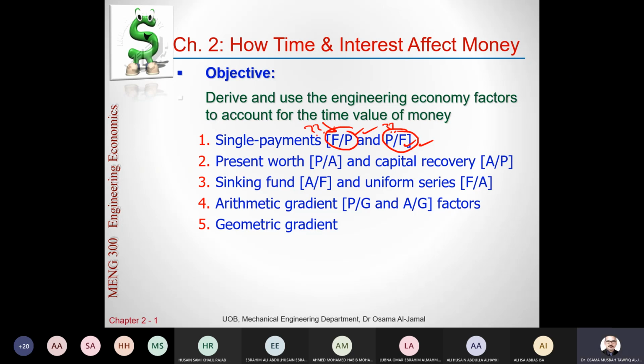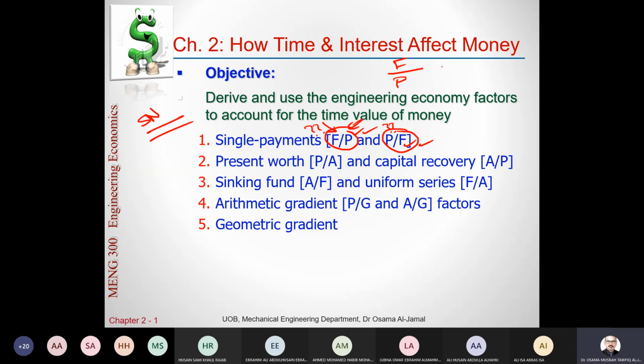Later on, I don't want any one of you, because we are going to use those as a standard notation. We're going to use them as they are in front of us here. So later on, I don't want any one of you to write, for example, F divided by P, to tell me that F given P. No. Use that notation as it is.